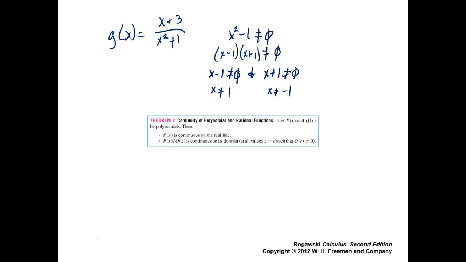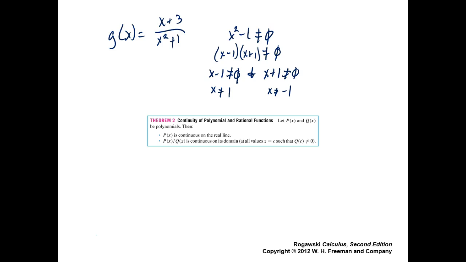Any other value you put in for x, negative, most negative number in the world, you square it, it becomes positive. Add 1 to it, it's even more positive. So that one is continuous everywhere because the denominator has no zeros in the real number system. The original one had two places where you had infinite discontinuities.